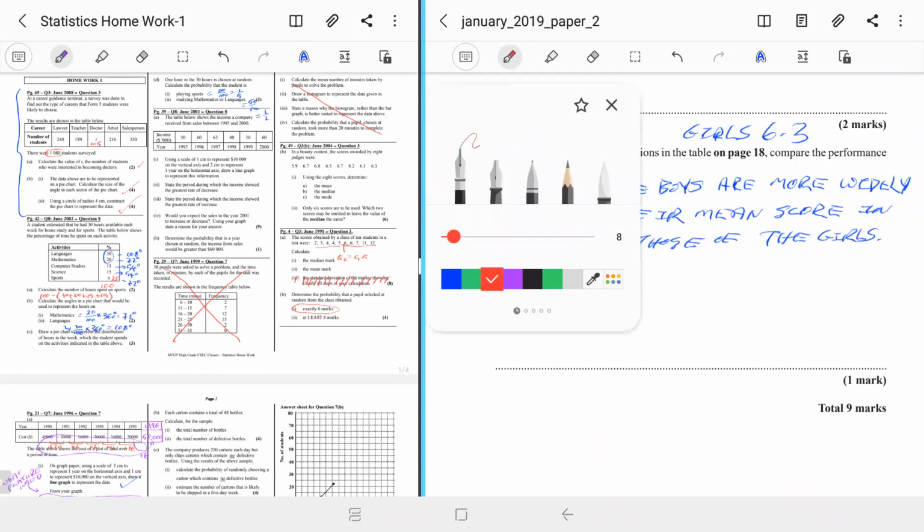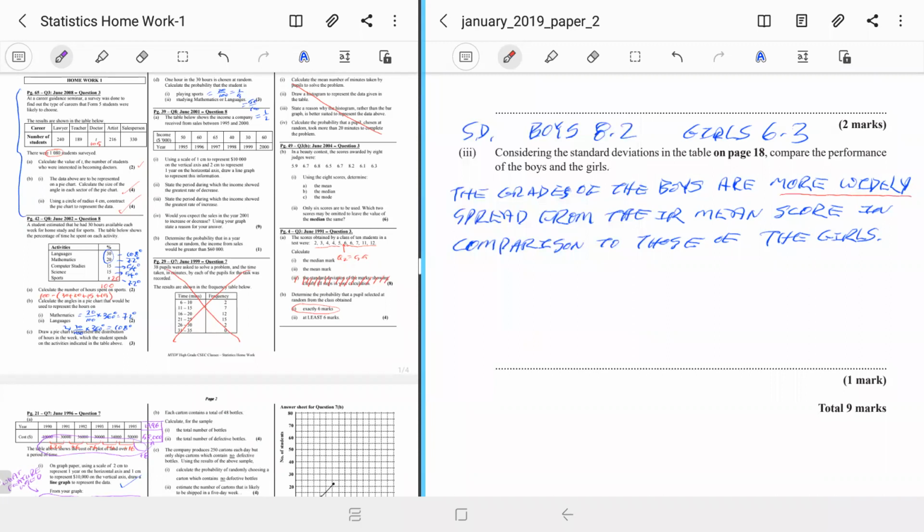Key things to say: more widely spread from their mean score. You have to say from the mean score, and it is in comparison to the girls.